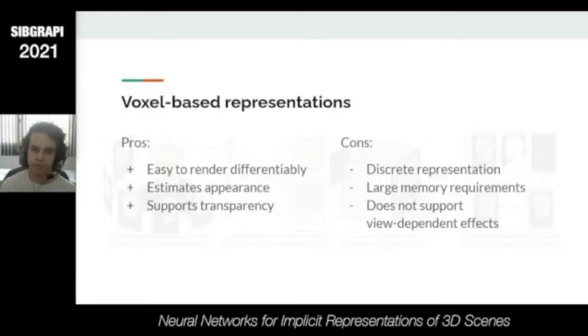As your resolution grows, your memory requirements grow much faster, and it's not feasible to use this sort of representation for higher resolutions, because memory becomes a limiting factor. And another limitation is that we don't have any way to encode view-dependent effects. As you store just a color value per voxel, you can't recreate specularities, for example, that you get in a real-life scenario.